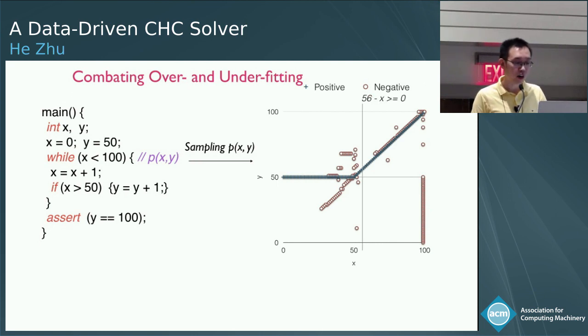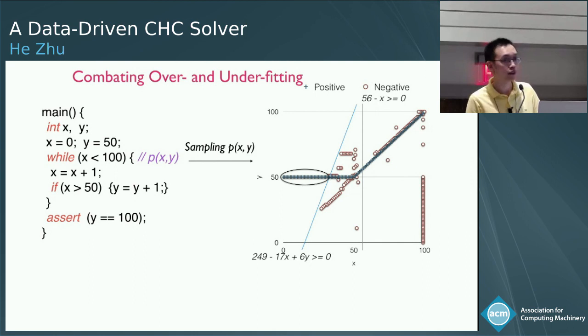The first classifier we obtain from linear classification is x is no greater than 56. So why choose 56 as the threshold? We have no idea. The second classifier is rather complex. It is for the positive samples shown in that circle.